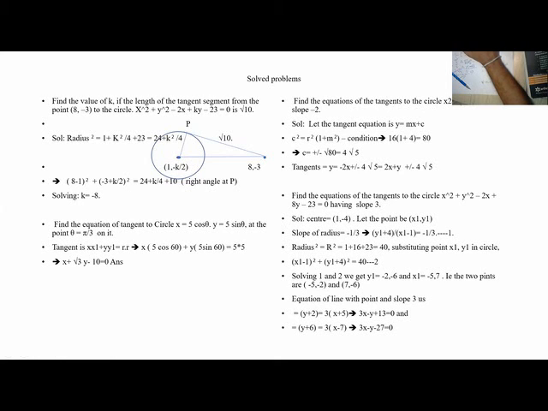So we have two equations: this is one equation, this is the second equation. When we solve 1 and 2, we get two values of y1 and two values of x1. When rearranged, this is one point and this is the other point. So slope 3 through this point, and slope 3 through the other point, I can have two equations.